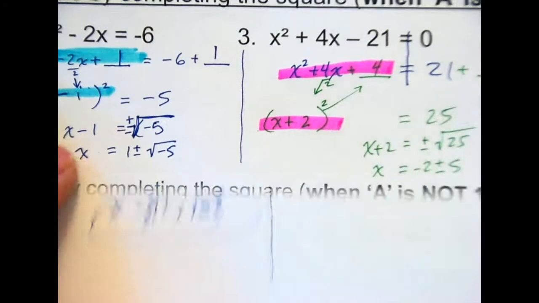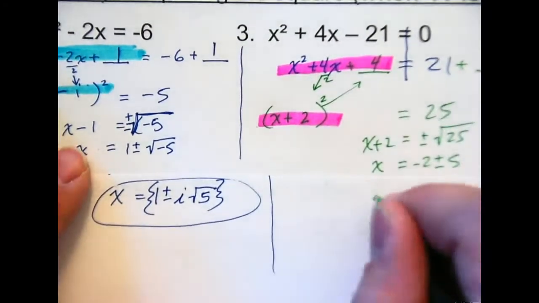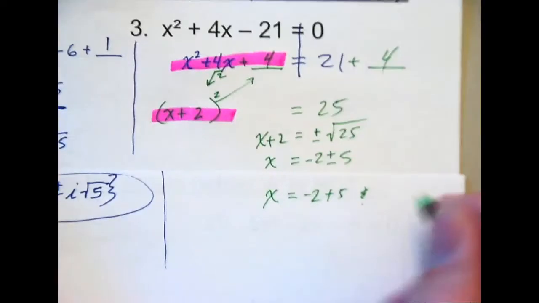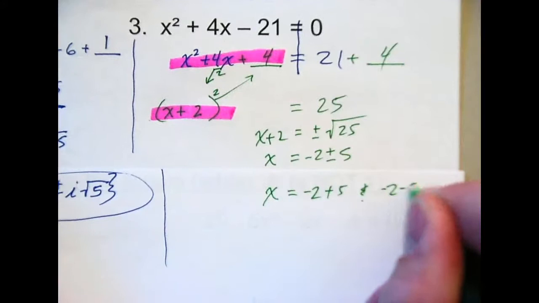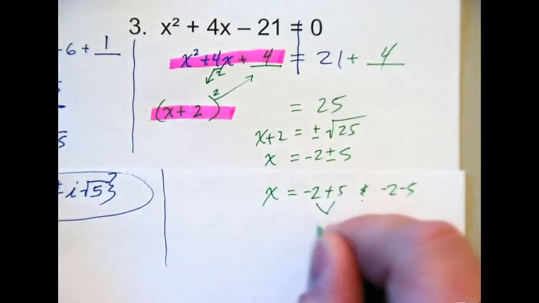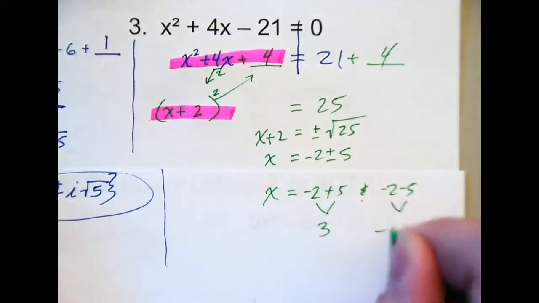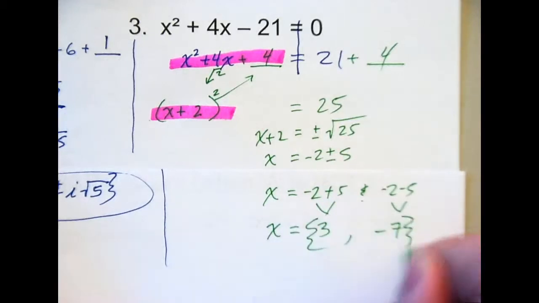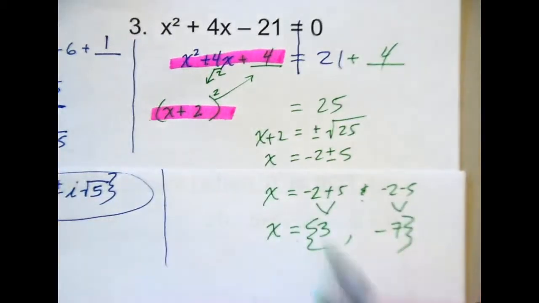So my two solutions there, I get x equals negative 2 plus 5 and x equals negative 2 minus 5. That's 3, that's negative 7. How many got it? Good. Could you have factored it?